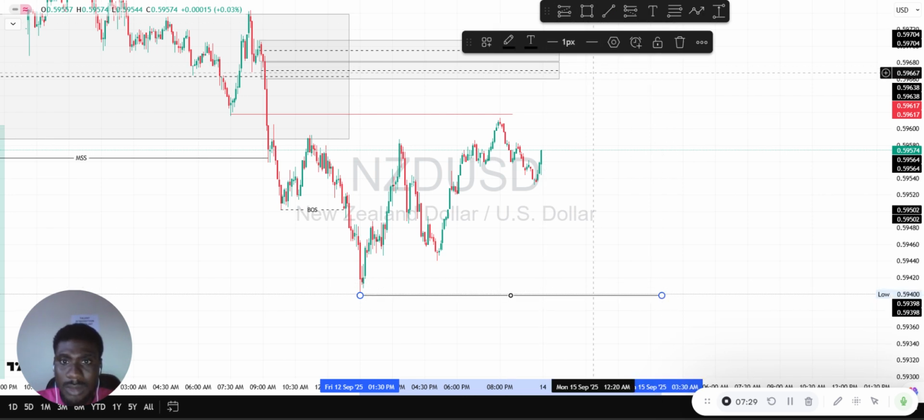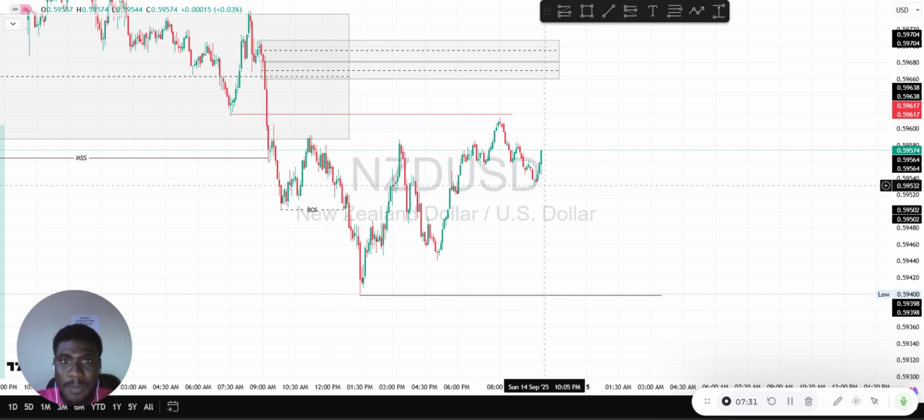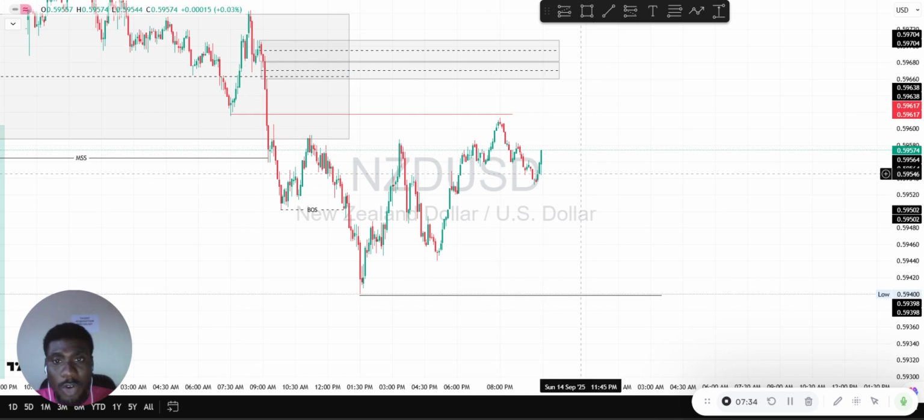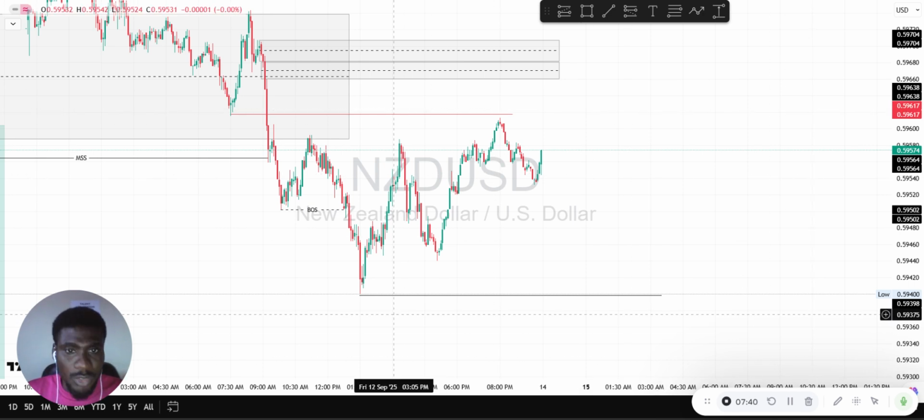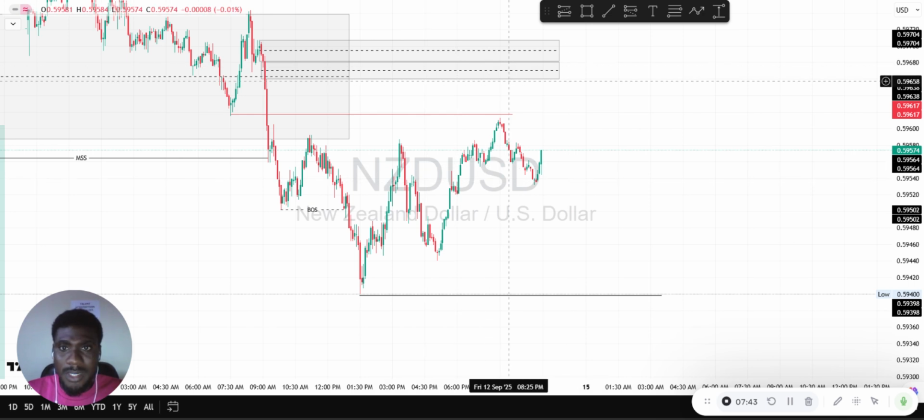For price to come down here, we'll wait for confirmation, right? Today is the 13th of September 2025, so I may do a video when I see that price is reacting off this zone.